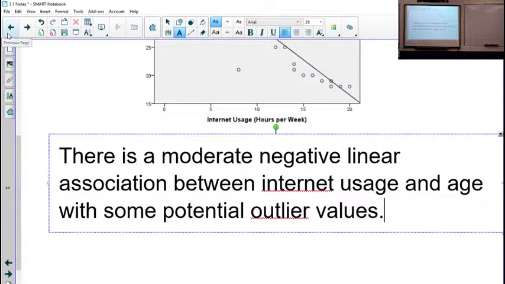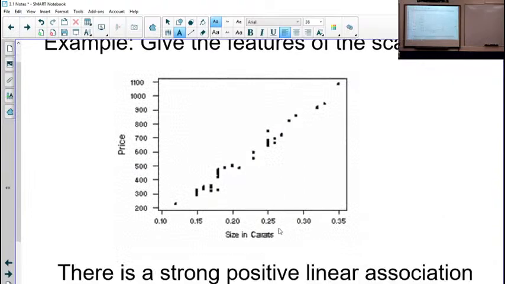Okay, one more question here on each of these. On this graph, last example, what was the explanatory variable? The size, and the response variable? Price. So we are using the size to predict the price.